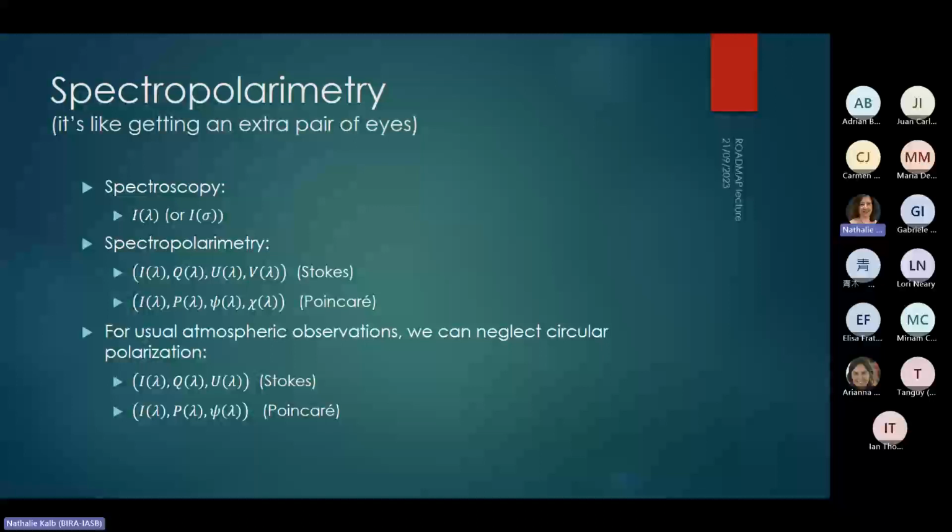Now you have 4 spectra, in the Stokes formulation or in the Poincaré formulation, if you wish. For usual atmospheric observations, we can neglect the circular polarization, and we have 3 Stokes or Poincaré parameters as a function of wavelength. You get a lot more information from this, okay?